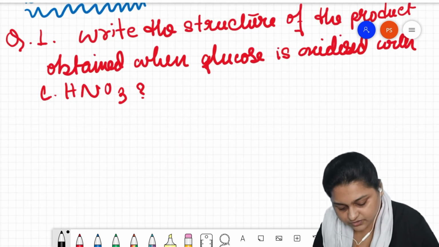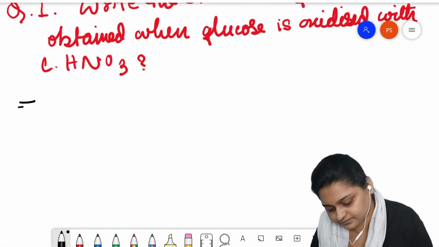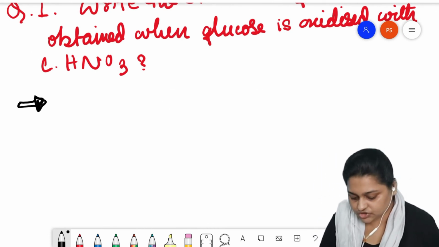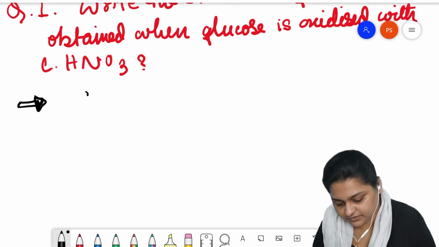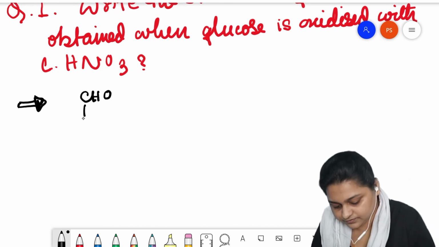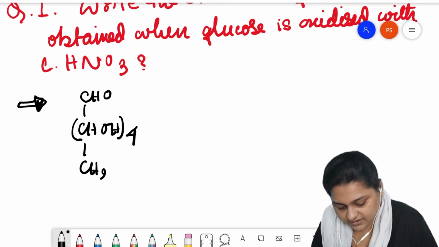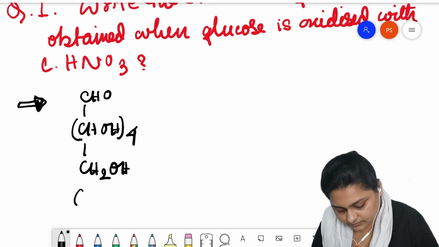The answer will be: first, the structure of glucose is going to be CHO, CHOH whole 4, CH2OH.